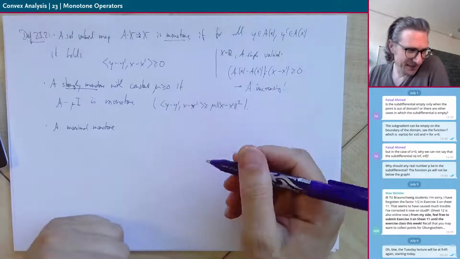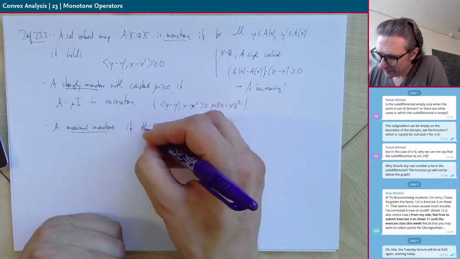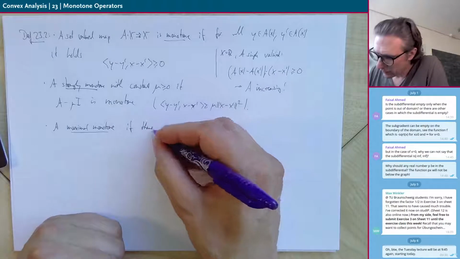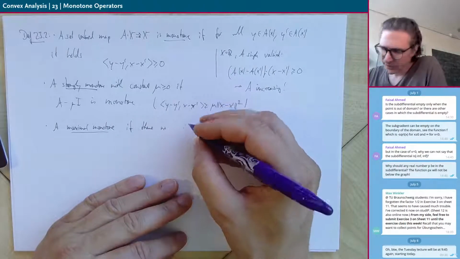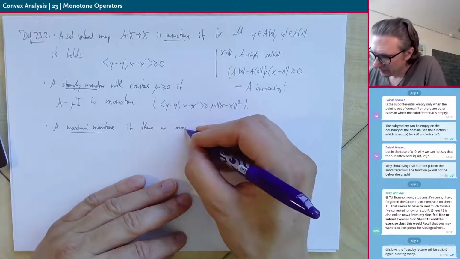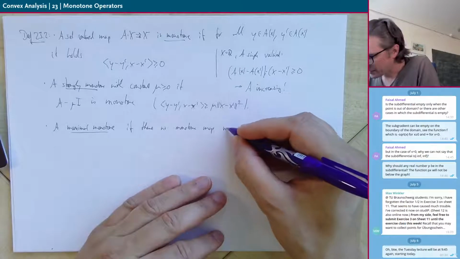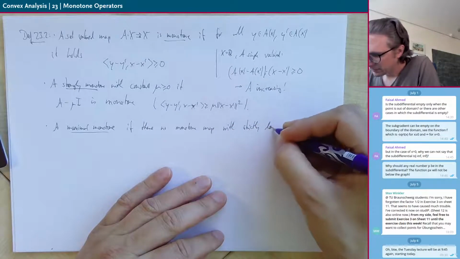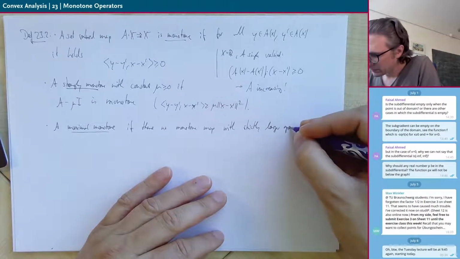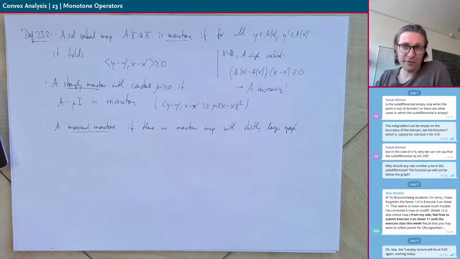So maximal monotone if there is no monotone map with a strictly larger graph.